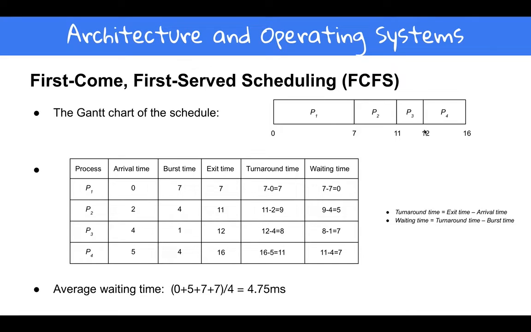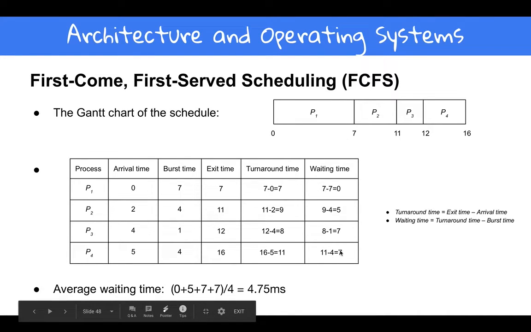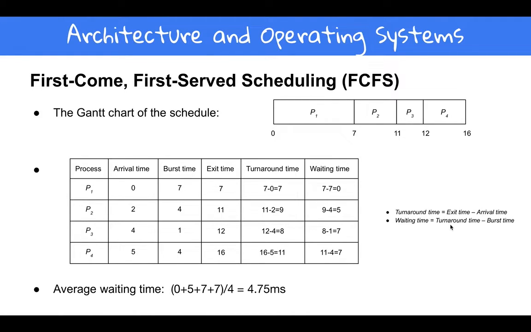That's right, because it got the CPU time from second 12, it arrived at 5, so it waited 7 seconds to be executed. So the average time is 0 plus 5 plus 7 plus 7. If you divide it by 4, you get 4.75 milliseconds as average waiting time.